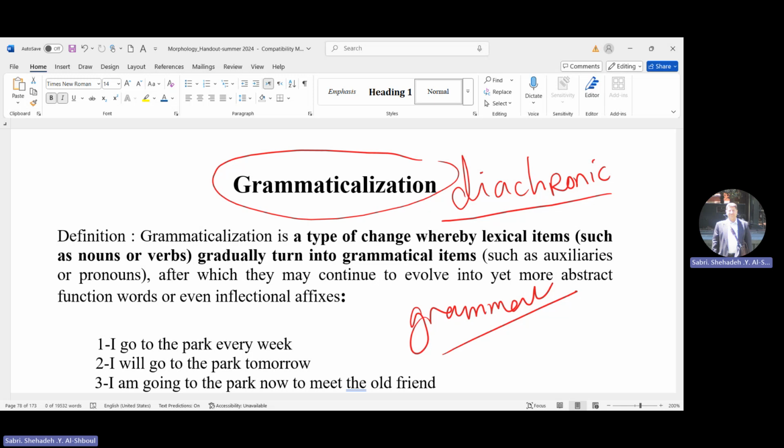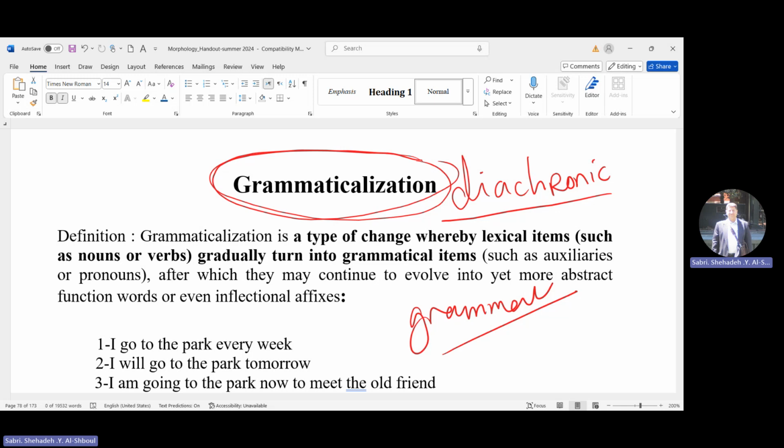Here we talk about a process that is similar to grammar-oriented forms, which is called grammaticalization. Grammaticalization is a kind of change, whether at the syntactic level, the semantic level, the morphological level, or any other level.